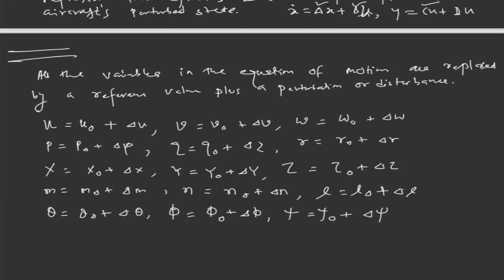So these are the perturbations we apply to the state variables about the reference state of the aircraft. And since we have mentioned the reference state of the aircraft, we will be assuming level flight.